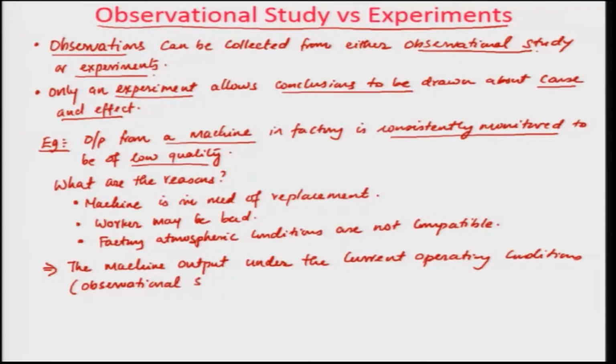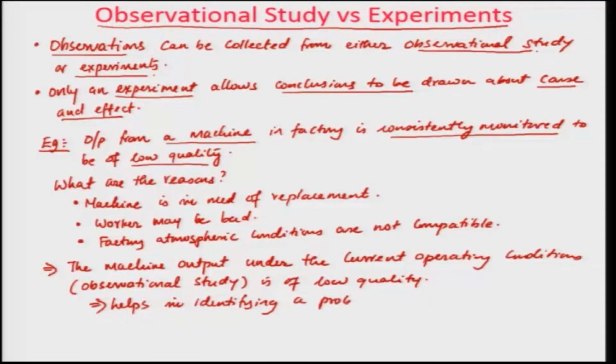You observed that the machine output under the current operating conditions is of low quality. So, you know there is a problem that exists. It helps in identifying a problem. This problem is low quality.